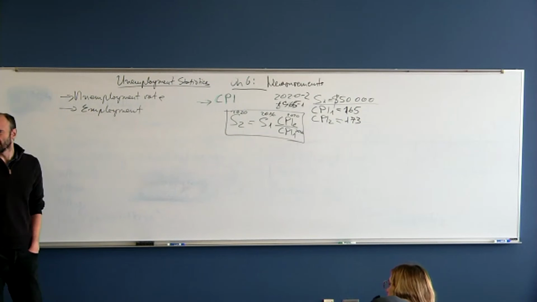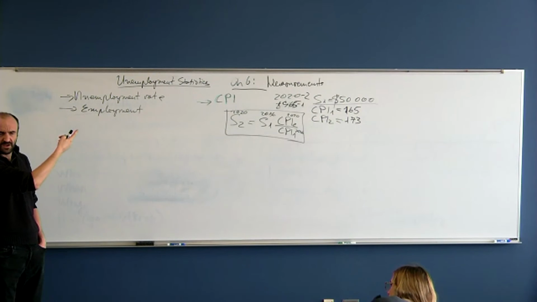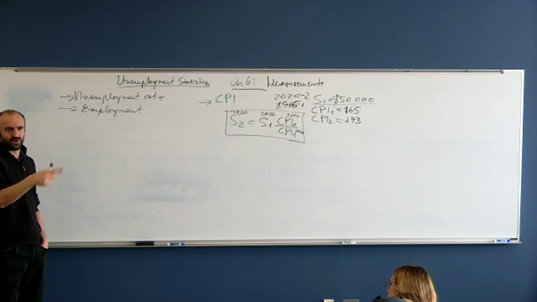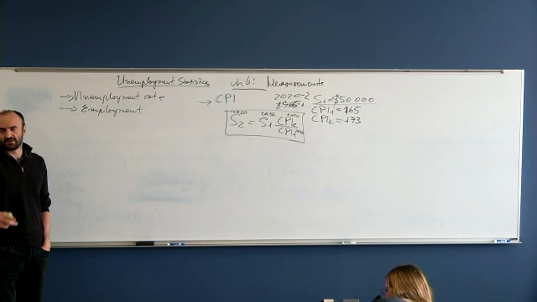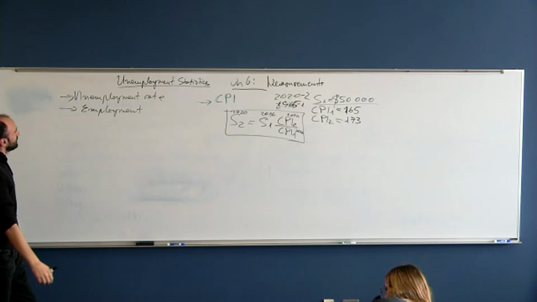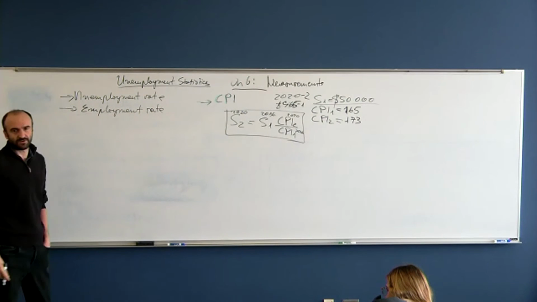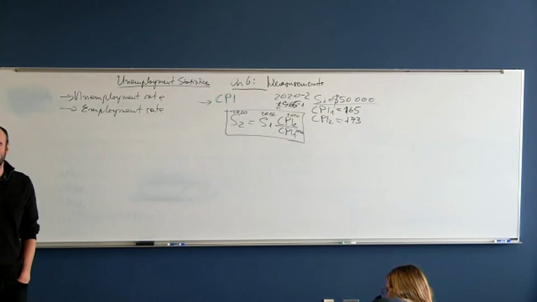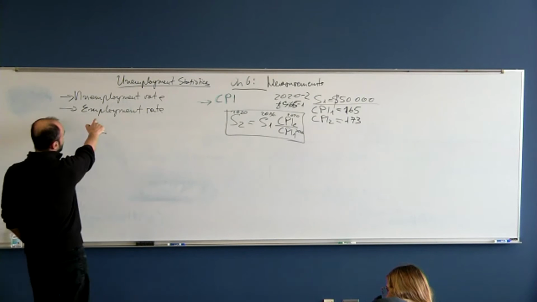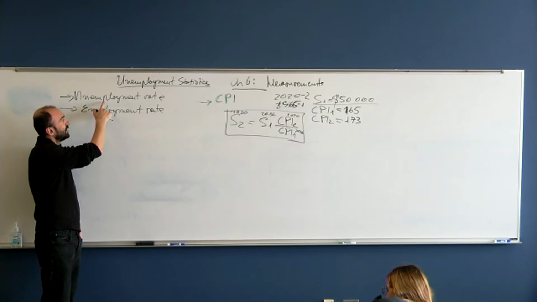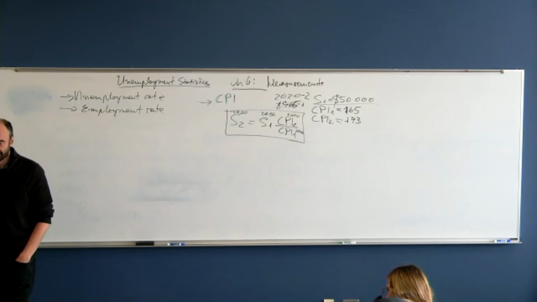And I think that's kind of silly, actually. If you know the unemployment rate, you know exactly the employment rate. But it's not that simple, you will see. The employment rate is calculated differently than the unemployment rate. You cannot know directly the employment rate in an economy if you know the unemployment rate.